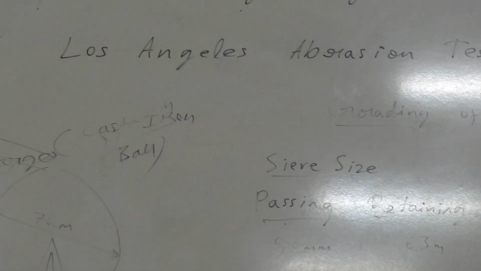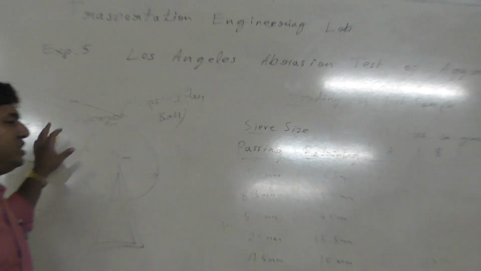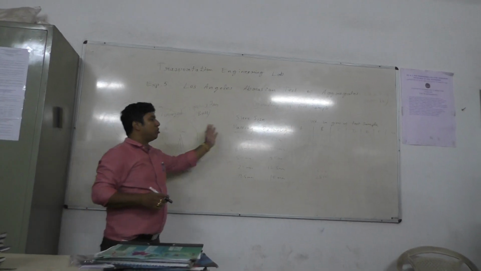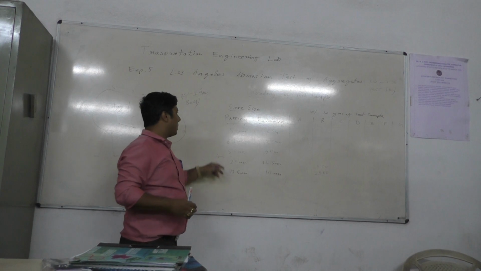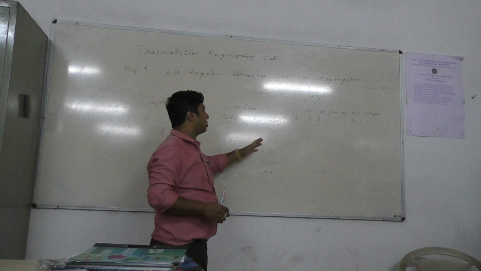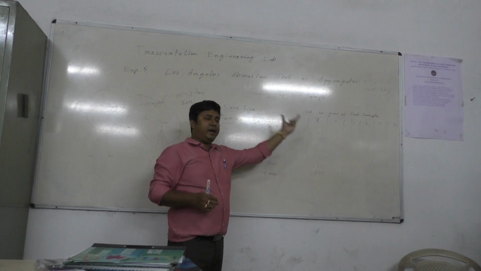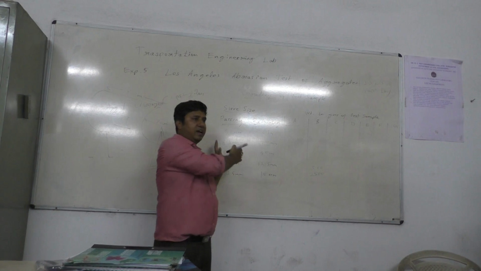How much quantity of aggregate and how many cast iron balls need to be put inside this apparatus depends on the grading of the aggregate we are using, based on the size of the aggregate. There is a specification in the IS code where we can check which grade it falls in for the particular range of aggregate size.